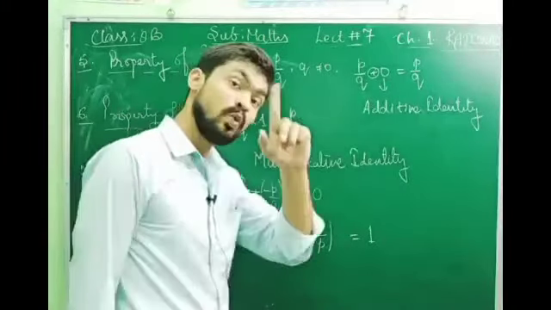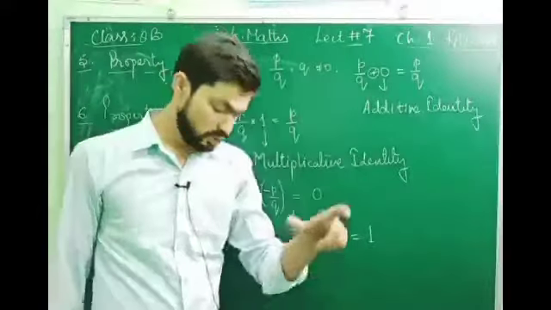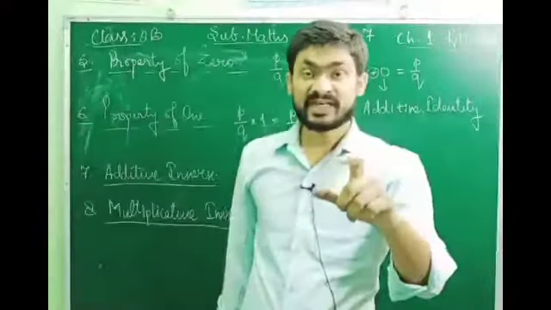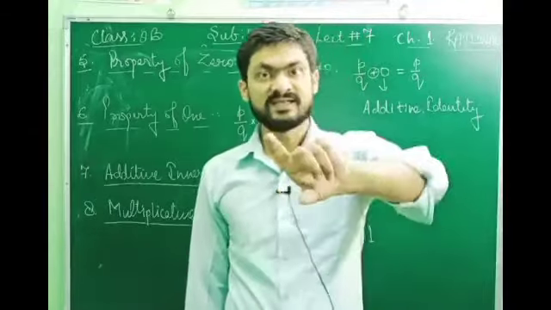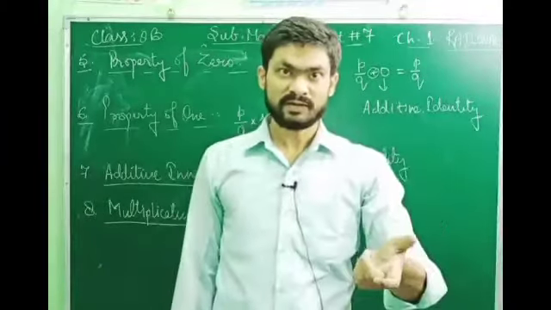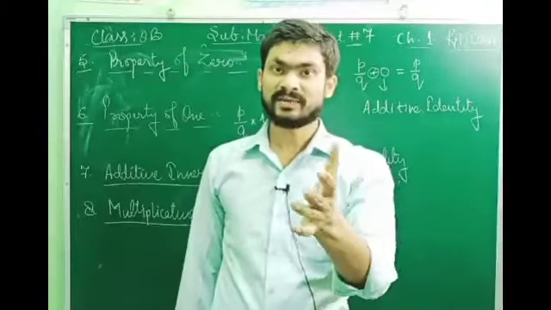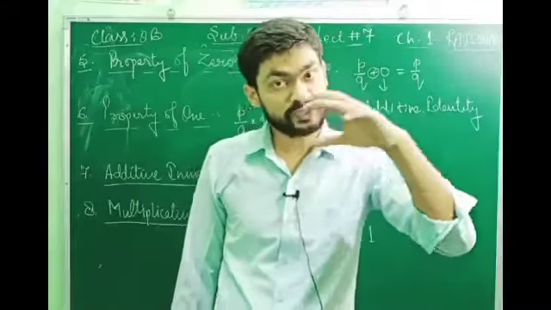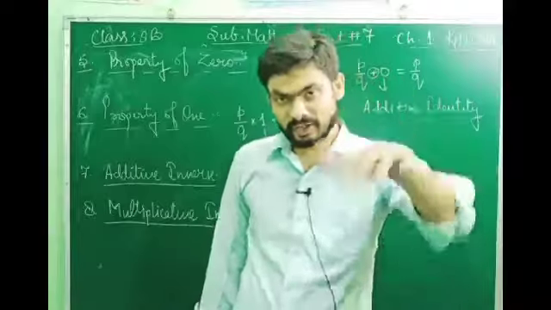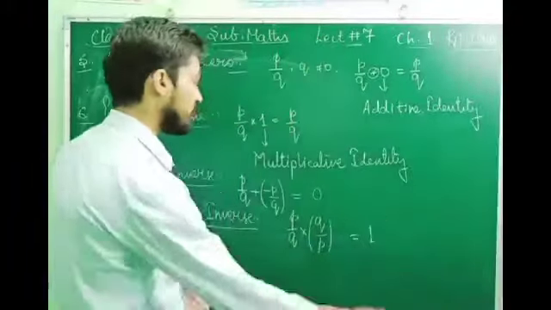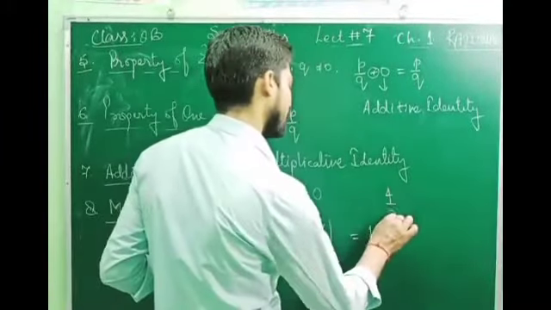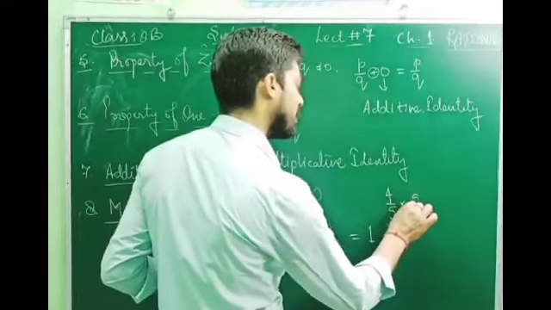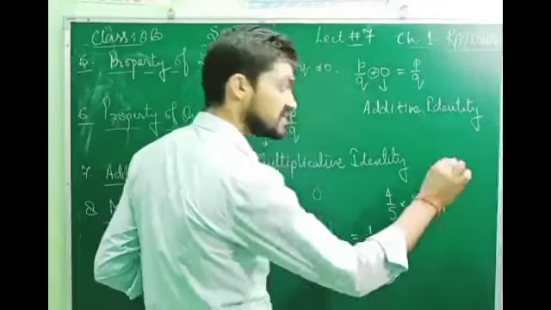You will get 1. So my dear children, every rational number gets its reciprocal by interchanging the numerator and the denominator. For example, if I write 4 by 5, then its reciprocal will be 5 by 4 and you will get 1.